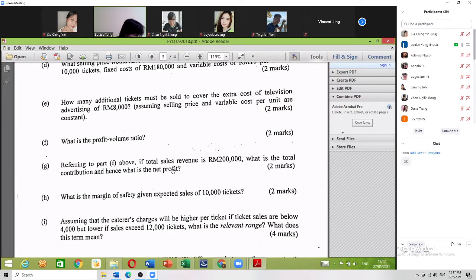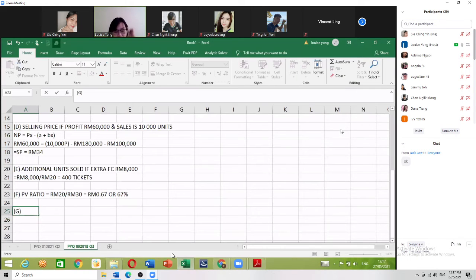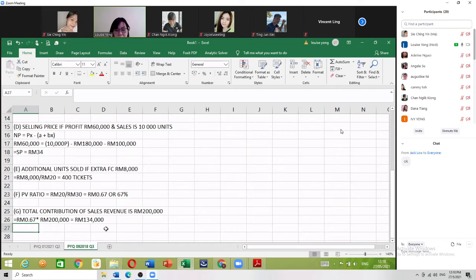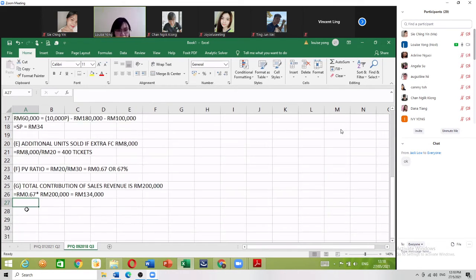If sales is RM200,000, you can use your PV ratio: for every dollar you earn 67 cents. So 0.67 multiplied by 200 thousand, your contribution is 134,000.